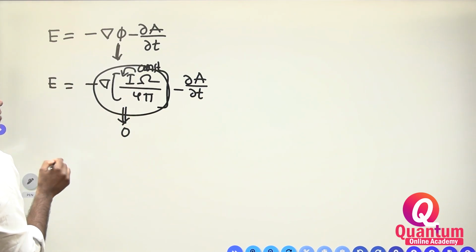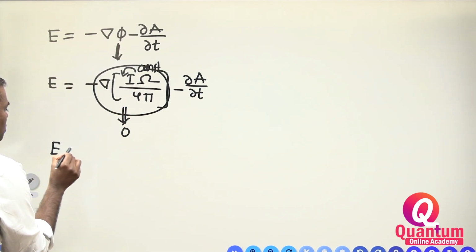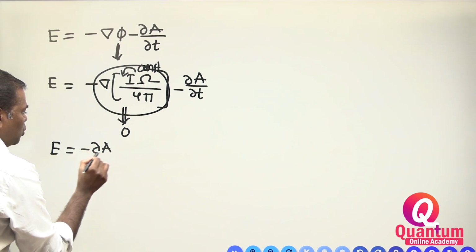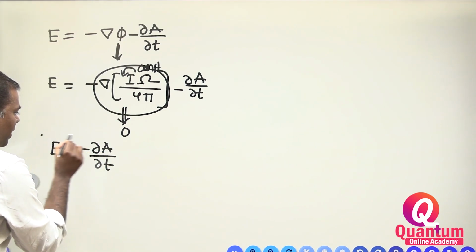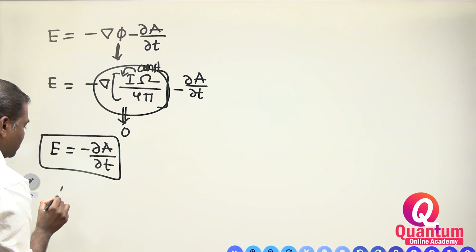They are giving the A value. Therefore E = -∂A/∂t. What is the vector potential?